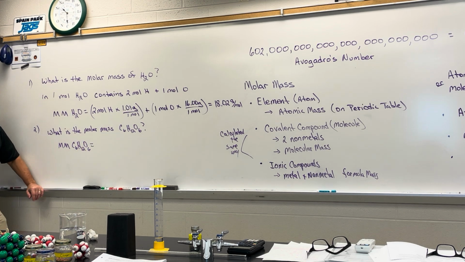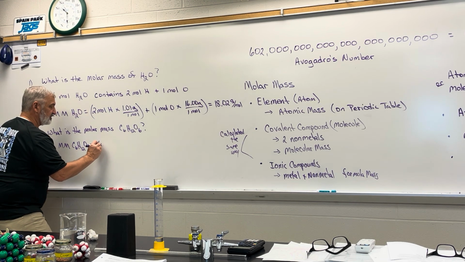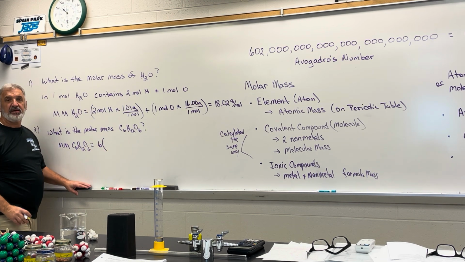What am I going to do? 6 carbon. Okay, so what do I do with that? 6 mole. Okay, I'm going to go 6 times what? C times, it's number 6.